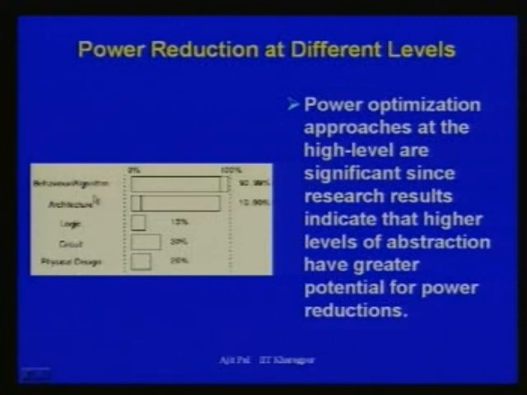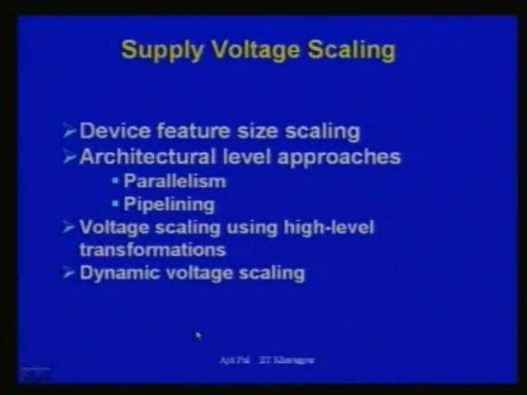If you use it at the architectural level, there is scope for reducing the power dissipation by 10 to 90%. At the logic level, there is scope for reducing roughly 15%. In circuit level synthesis, you can reduce by 30%. And in physical design, that means routing, placement, and so on, you can reduce by 20%. So, you see, if you start at the higher level, you will be able to reduce more than if you do it at a lower level.